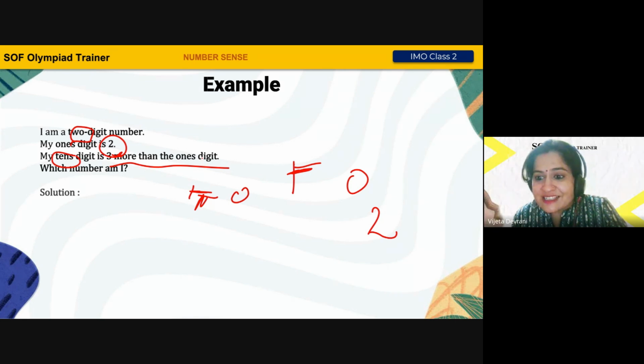The ones digit is 2. Yes, Shreya, the ones digit is 2. So 3 more than 2. What does it mean? Yes, it means 5. Very good. You have also done it, Shreya. Well done. So it's 2 and 3 more, that means 1, 2, and 3.